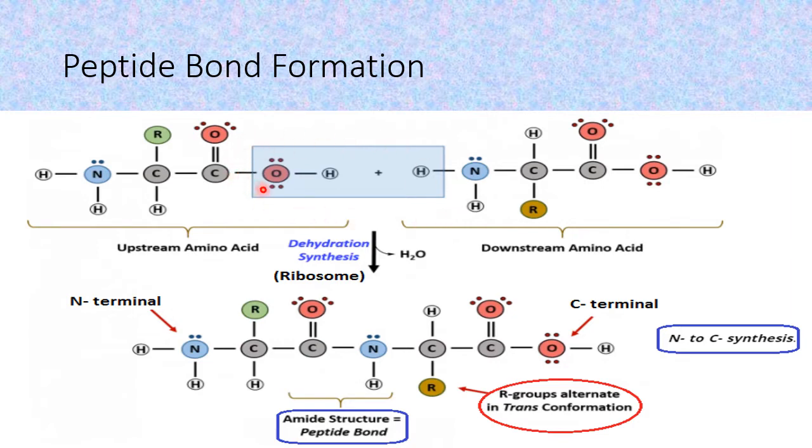The peptide bond that is formed between the already existing amino acid and the next amino acid that enters the chain results from a dehydration synthesis of the already existing, or upstream, amino acid and the incoming, or downstream, amino acid.